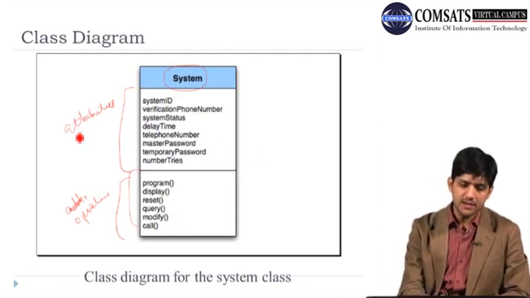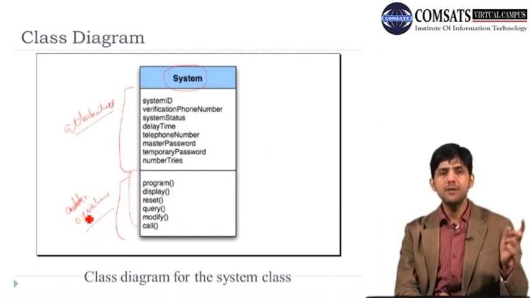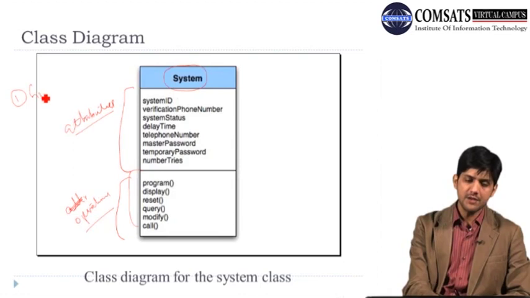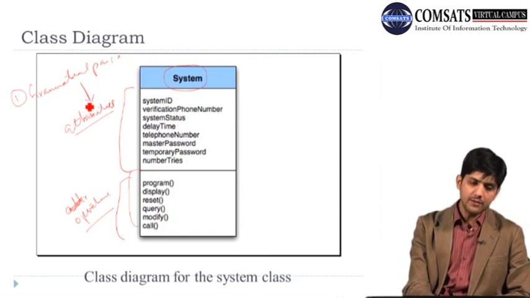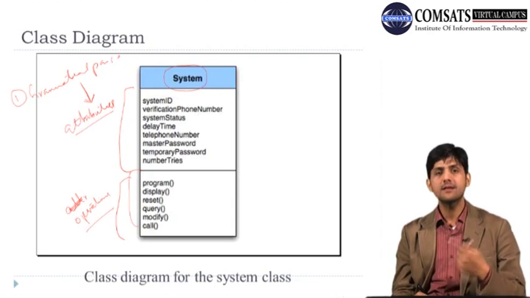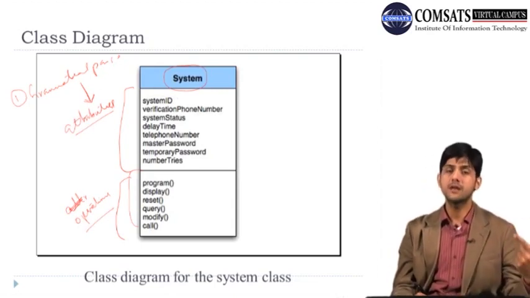But how do we identify these attributes, and how do we identify these operations? Now the attributes would be identified through the first grammatical parse. So the first grammatical parse is used to identify the attributes. Because if you remember, I said that there are lots of nouns that you identify, and we call them potential classes.